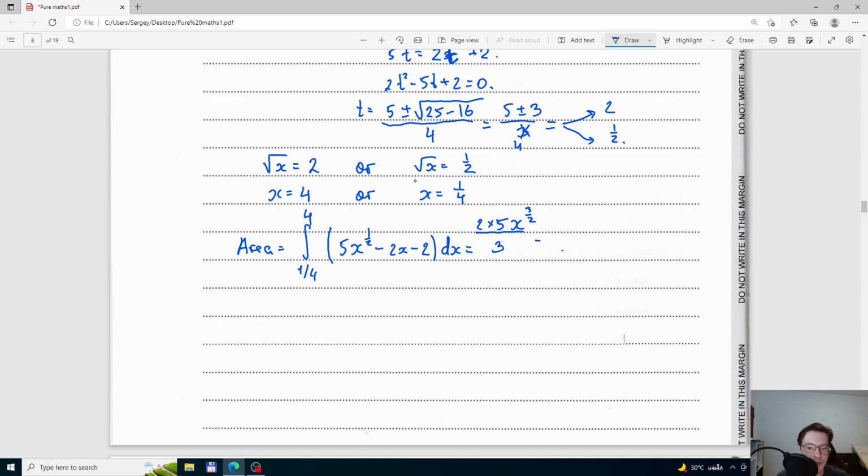Minus 2x, add 1 to the power, and it makes it squared, divided by the new power, divided by 2, minus 2x. And the limits are from 1 over 4 to 4.